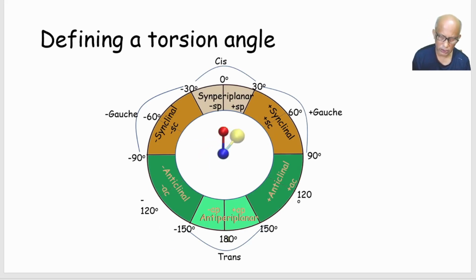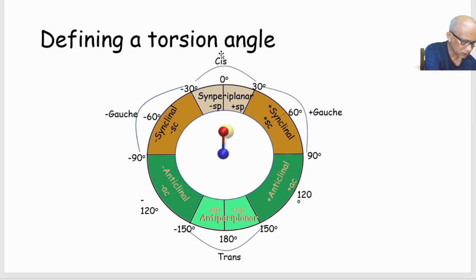Then since 180 and minus 180 are the same thing, it moves from minus 150, minus 120, etc., until it comes back once again at 0 degrees, when the 2 atoms, the red and the yellow atoms, are completely eclipsing each other. So that's how the angle is defined.